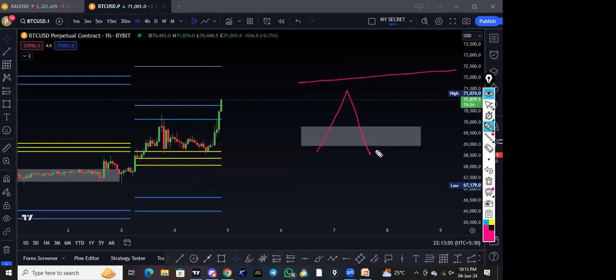But sometimes what will happen? It will go inside and start ranging, so we'll get trapped. So what I suggest is, let it go anywhere. The next day you'll get a proper trade, because once the market closes somewhere here, the next day the daily pivot will be somewhere here, so you will get a proper trade.